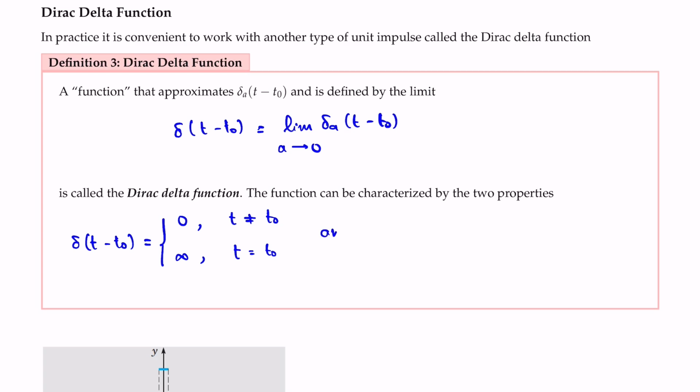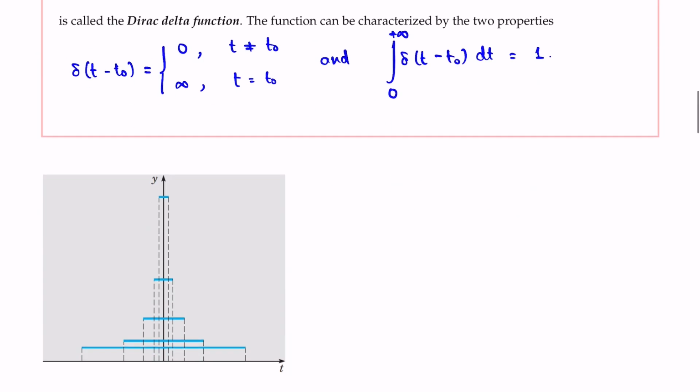And of course, it is characterized by the improper integral from 0 to positive infinity of delta of t minus t0 dt equal to 1. Okay. Again, this is called the Dirac delta function, and this is the graph, right?